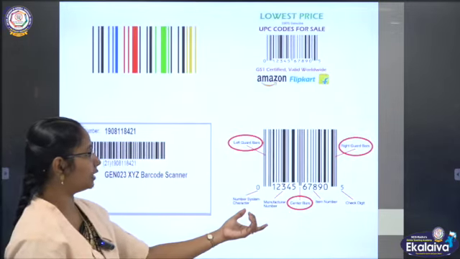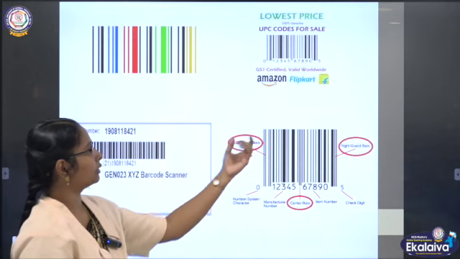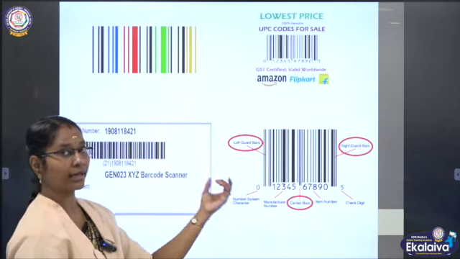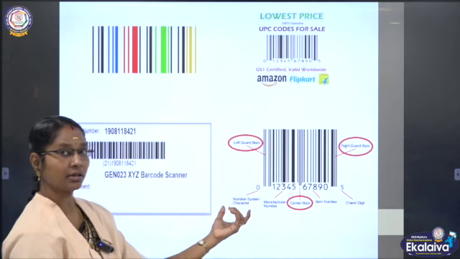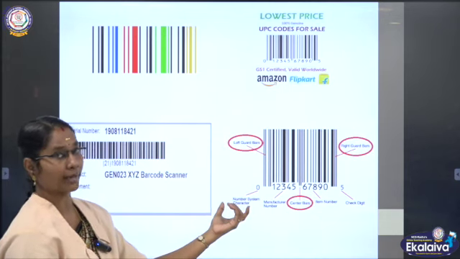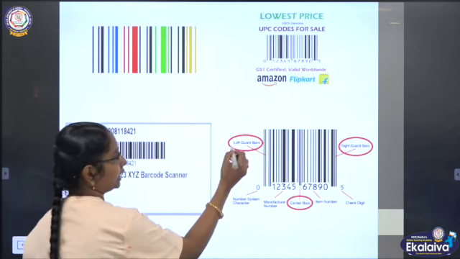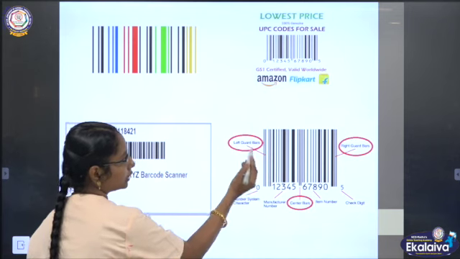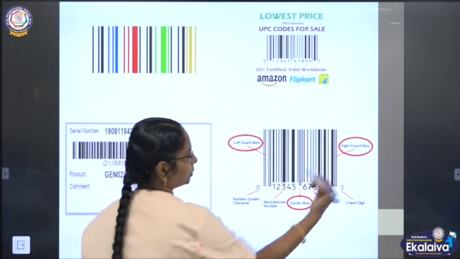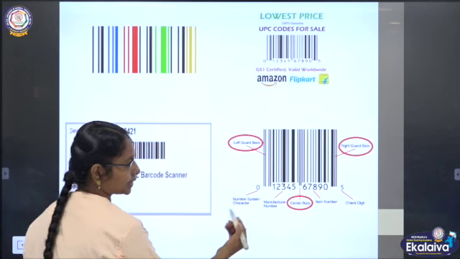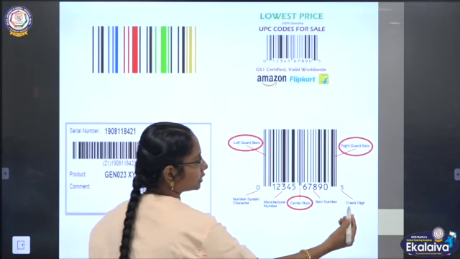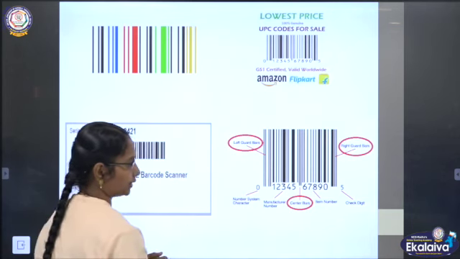Here they categorize how they are going to recognize a certain product. Here we have the left guard bars, here the right guard bars. Here the number system character will be. Here the check digit.